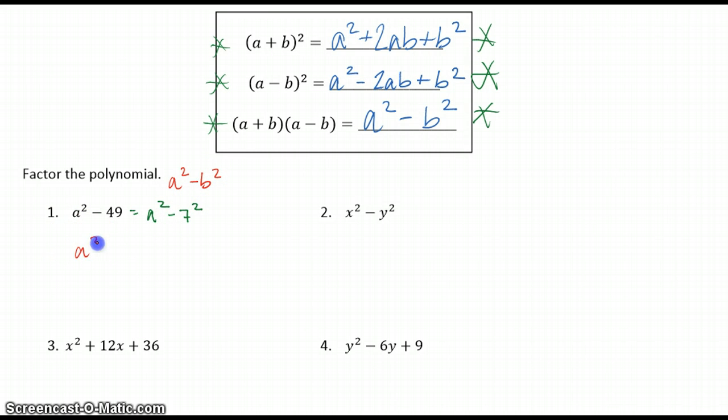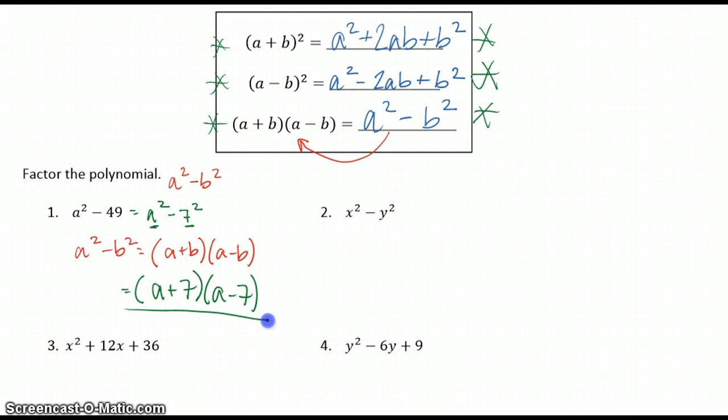And we know that a squared minus b squared, if we work backwards using our rule, is equal to the factors a plus b times a minus b. So we need to find our values for a and b. A is simply equal to a here, and b is equal to 7. So when we plug those in, we will get a plus 7 times a minus 7. So we're just using the rule to quickly see how we can find the two factors.